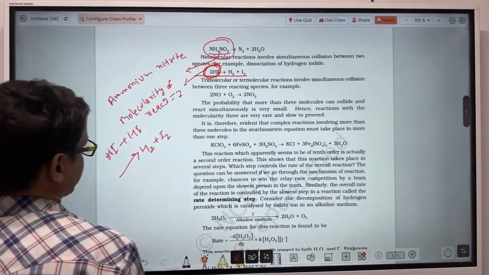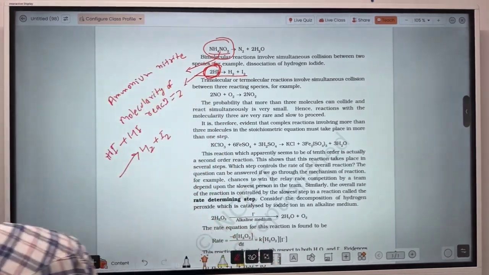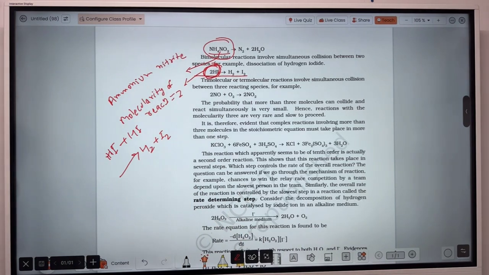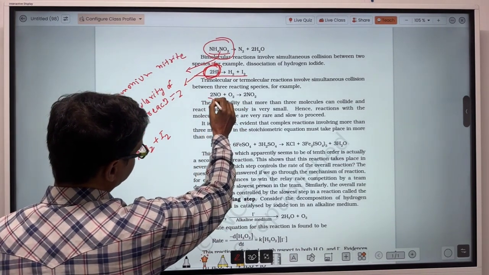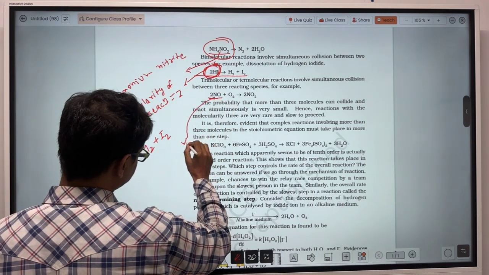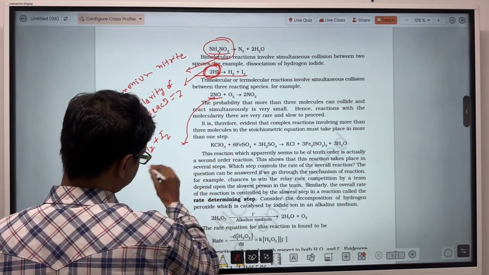Now, another example. When 2NO reacts with oxygen.